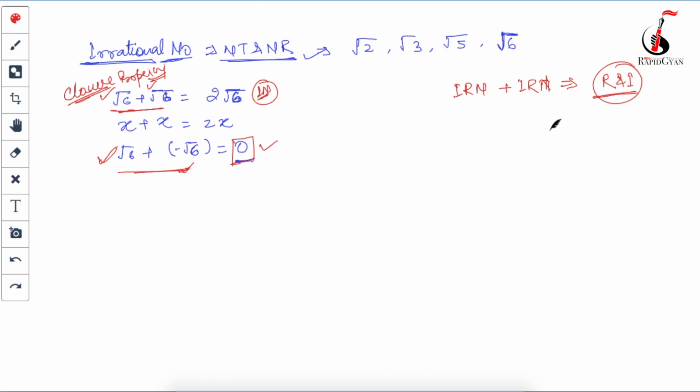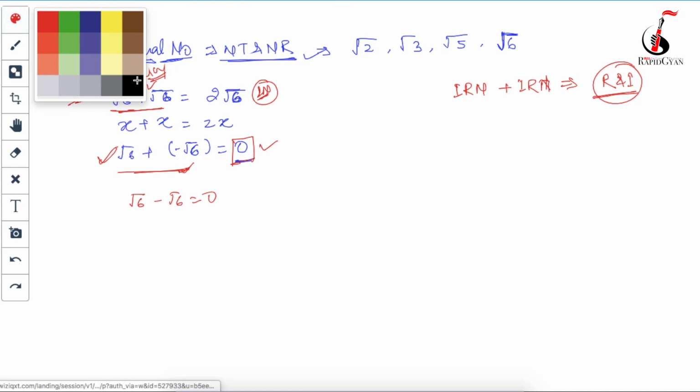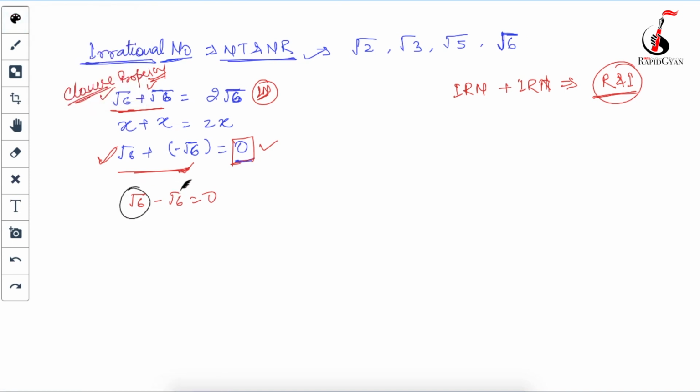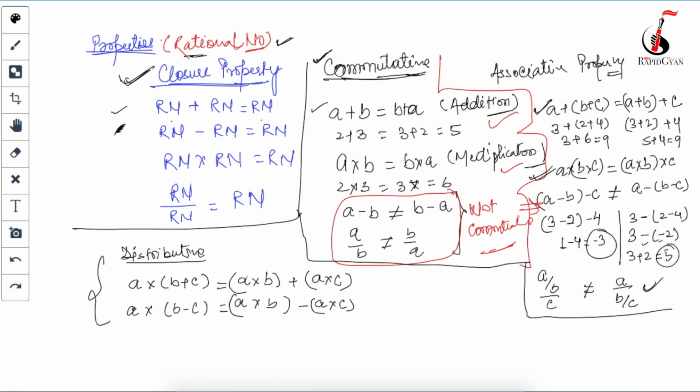Sometimes it will give you an irrational number, sometimes a rational number. The same thing goes for subtraction also. Simply, if I subtract under root 6 minus under root 6, what will I get? I will get 0. Again, two irrational numbers cannot always give me irrational numbers, so subtraction of two irrational numbers is not supporting the closure property.